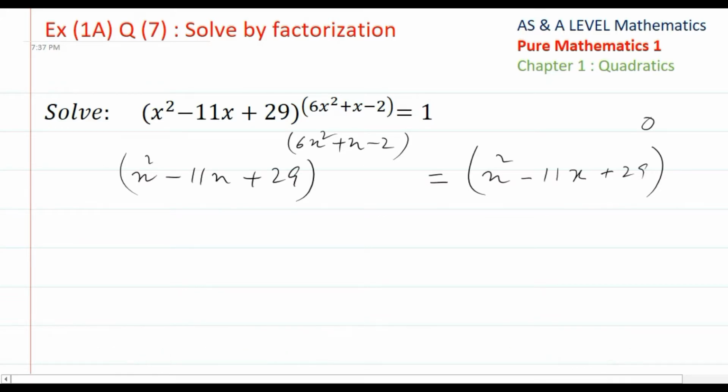Now bases are same and the powers will be equal. So you can write this question as 6x square plus x minus 2 equal to 0. This is the reduced form.